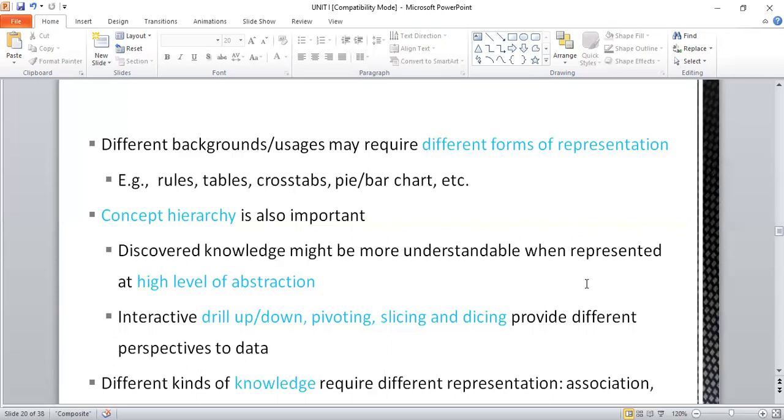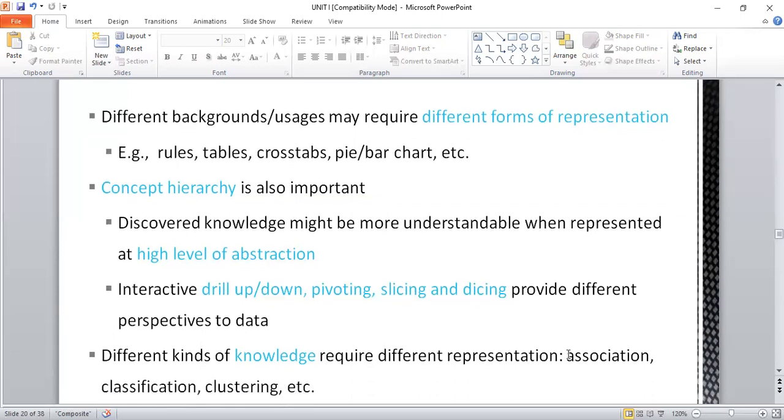So we can perform different operations of slicing, pivoting, dicing. These operations we are going to discuss in much more detail in your unit number 2. But right now, what is important for you to understand, yes, if we have this extracted information in the form of concept hierarchies, it will become easy for the user to perform these operations and they can extract information as per their requirement.